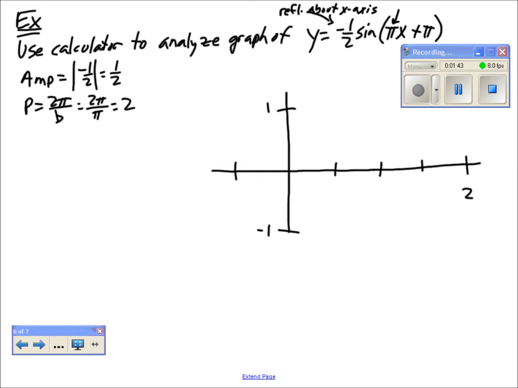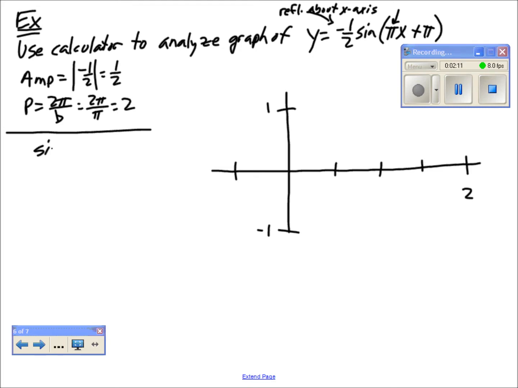Now how you can think about plotting some points and getting some key areas is you always revert back to, in this case, the sine function. Negative 1/2 sine, so you're thinking about the sine of x. I knew that the sine of 0 was 0, right?